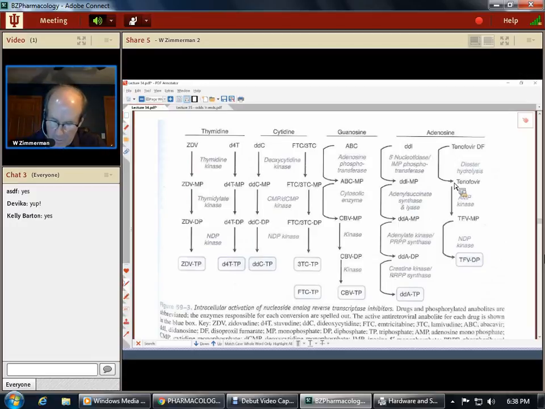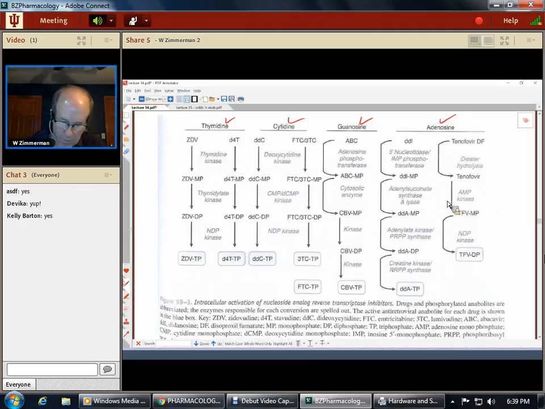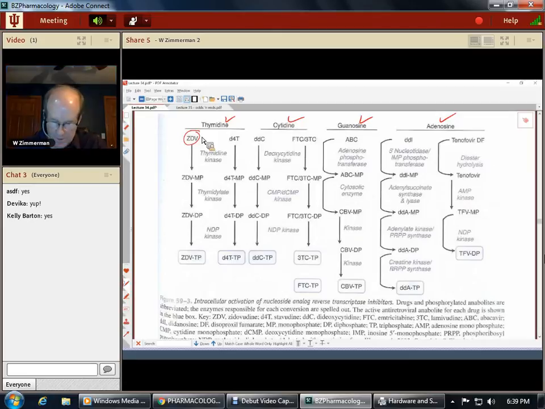But what I want to pick at is, here's our 4 bases: thymidine, cytidine, guanosine, adenosine. And all of these compounds, looking at zidovudine over here on the left, it has to get converted to the triphosphate.